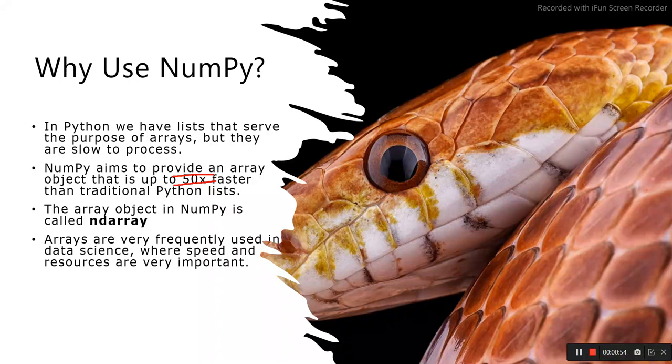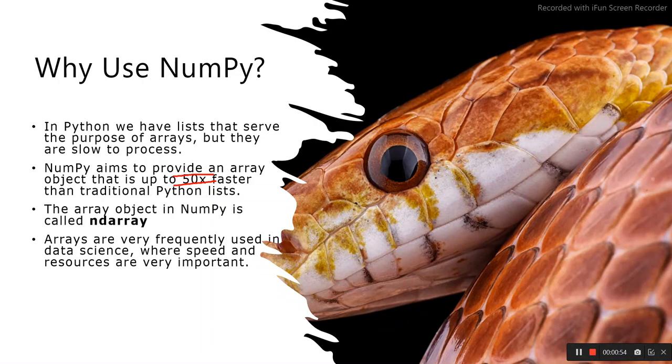For example, if you are creating a normal Python list with 10 numbers, and a NumPy array with some other 10 numbers, then there may not be any difference. But imagine you are having an array of 10,000 numbers or 10 lakh numbers.